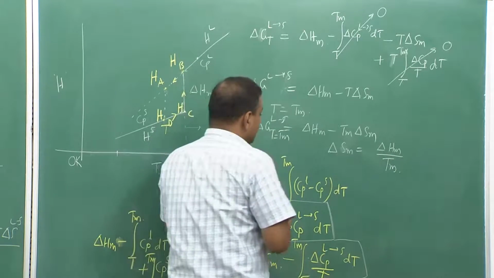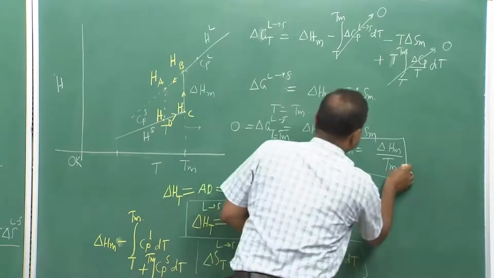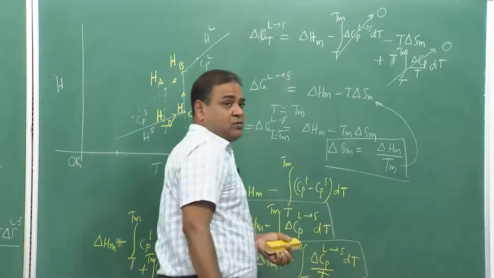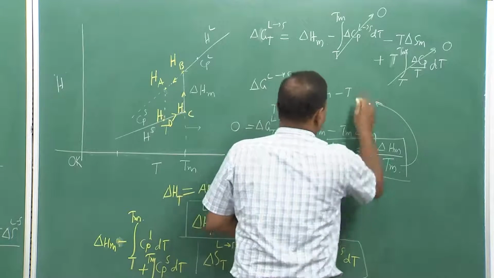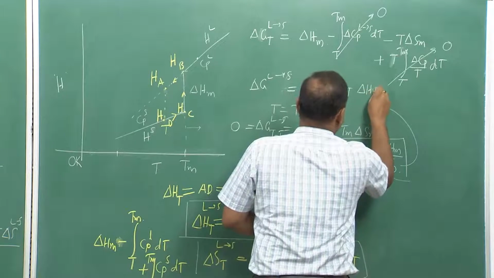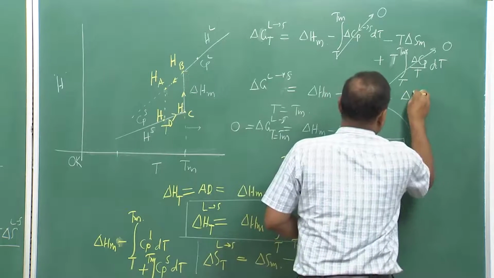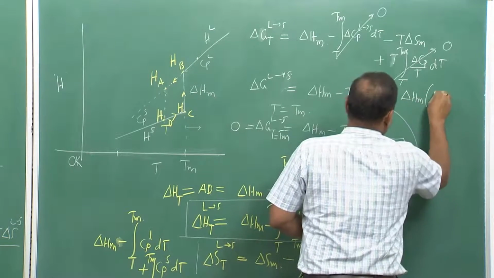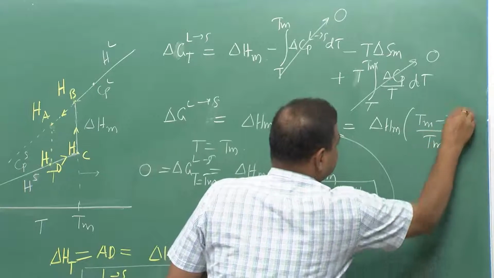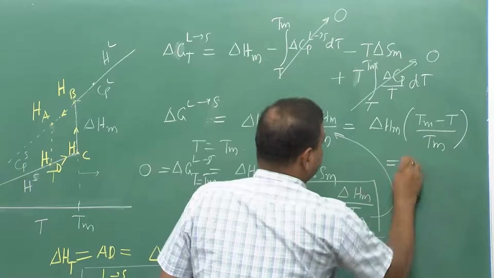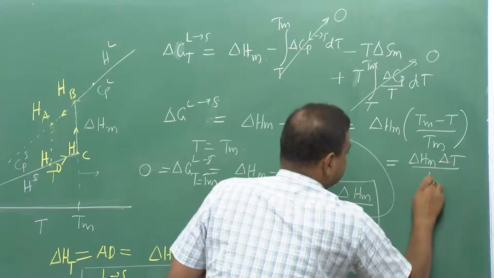Now, if I know this expression and I replace it here, what do we get? It becomes del Hm times (Tm minus T) by Tm, which I can simplify as del Hm del T by Tm.